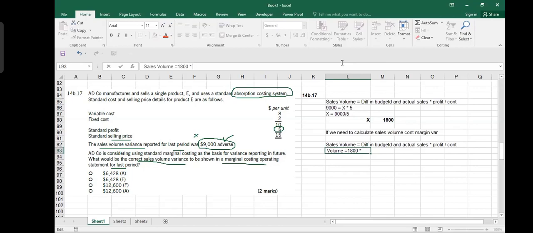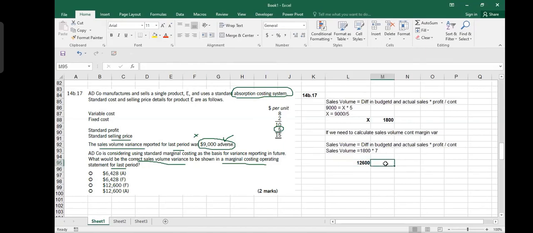How much is contribution? Contribution is profit plus fixed cost, so it should be 7. So the sales volume contribution margin variance should be 12,600, and that 12,600 should also be adverse. Both are adverse because you are selling 1,800 units less.